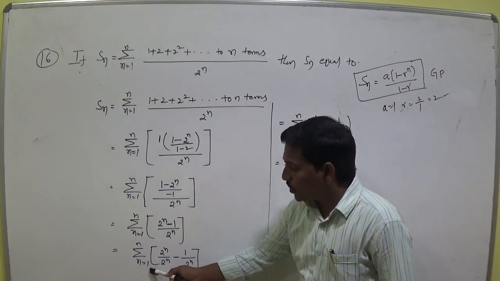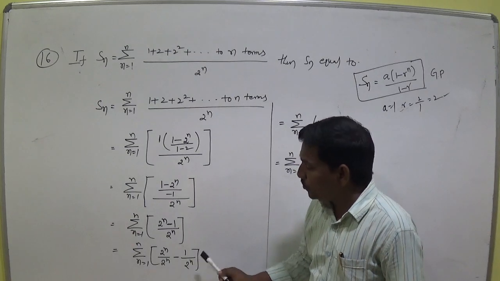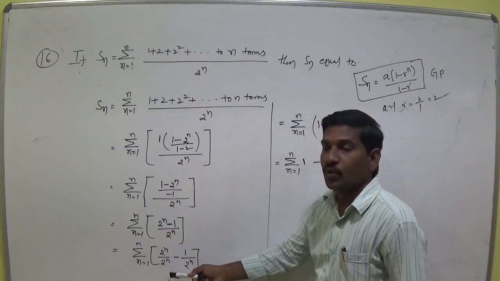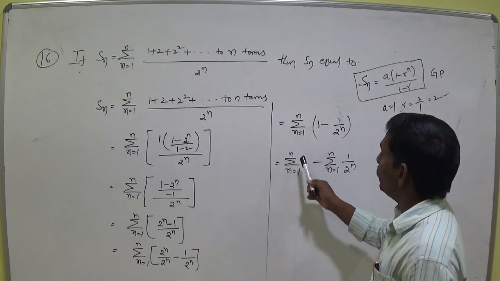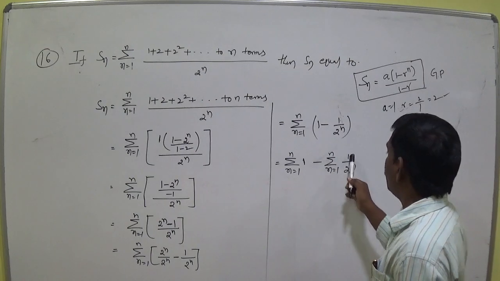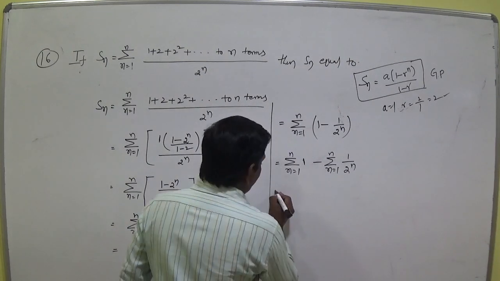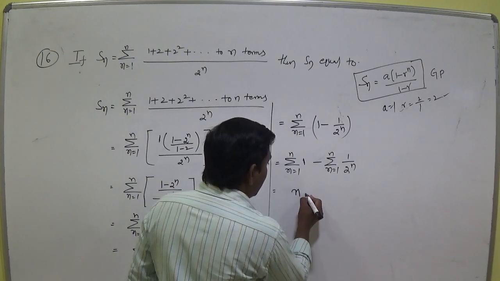In sigma n equal to 1 to n, 2 power n by 2 power n minus 1 by 2 power n, the 2 power n and 2 power n both are cancelled. We got 1. Sigma n equal to 1 to n of 1 minus sigma n equal to 1 to n of 1 by 2 power n. It is changed as sigma 1 equal to n, it means n.